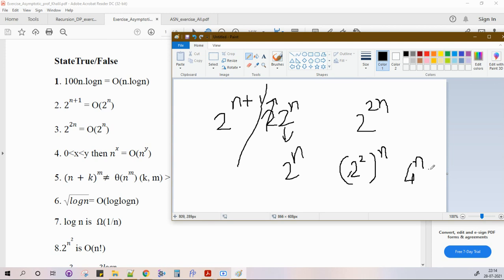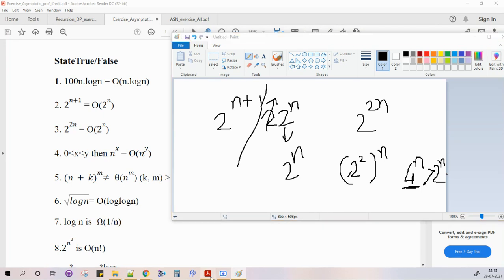So 4 raised to n is always greater than 2 raised to n, because in exponential terms, the higher the base, like 4 raised to n, 2 raised to n, 6 raised to n, the higher it is asymptotically in terms of big O. So 2 raised to n is less than 4 raised to n, so we cannot write 2 raised to 2n as order of 2 raised to n, because it is order of 4 raised to n, not 2 raised to n. So the third statement is false.